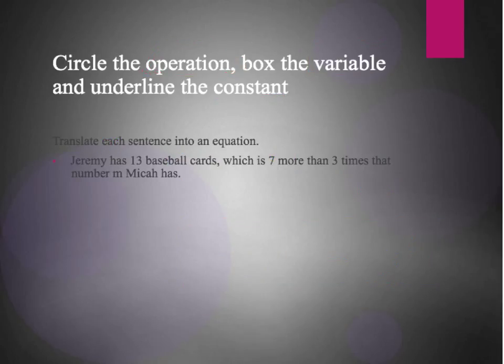All right, the last example, again, I'm going to circle the operation, box the variable, and underline the constant. As I read, Jeremy has, that's the first operation, so I'm going to go ahead and circle "has," and has means equals. 13 would be a constant.